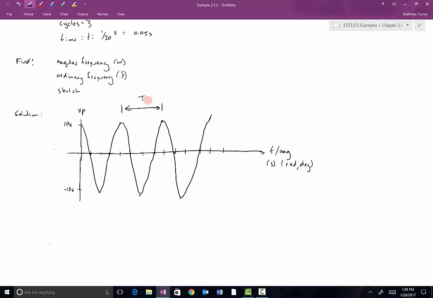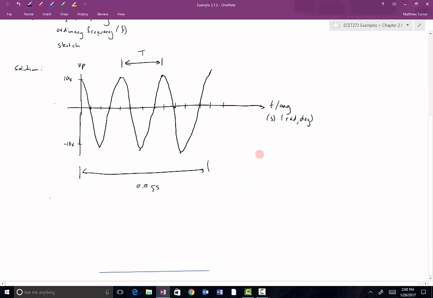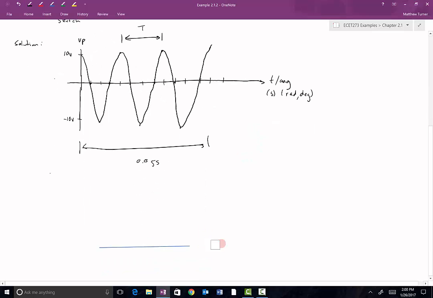Since we know that 3 cycles here, from here to here, took 1/20th of a second from the problem statement, that's 0.05 seconds. We can easily calculate that one of these cycles is just a third of that, or a 60th of a second. So we can calculate the ordinary frequency.